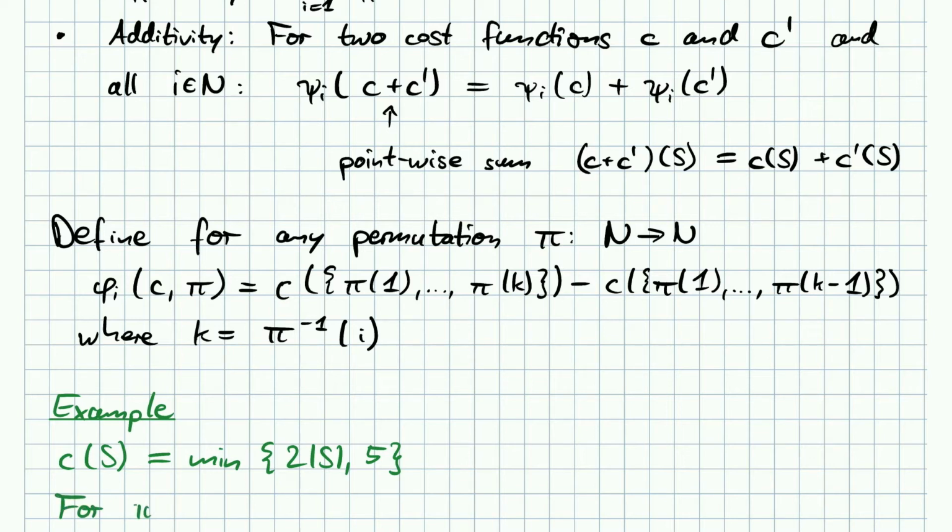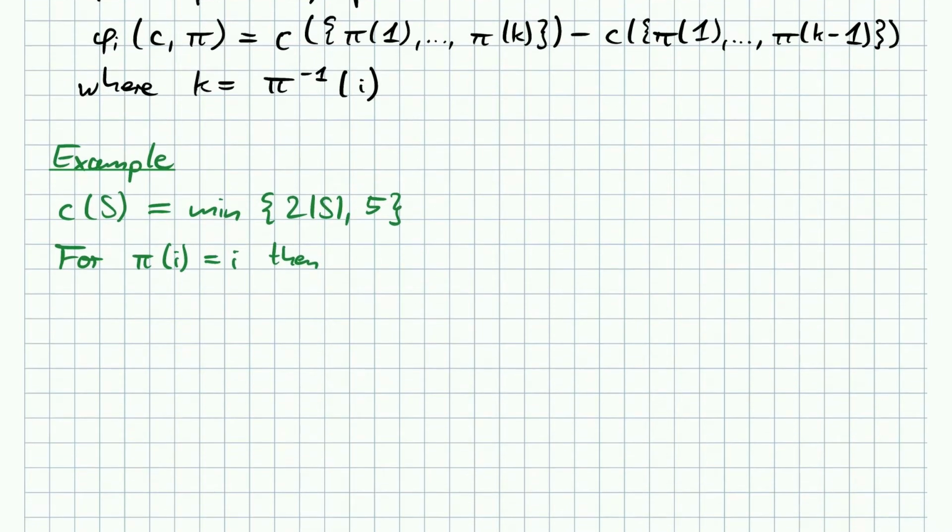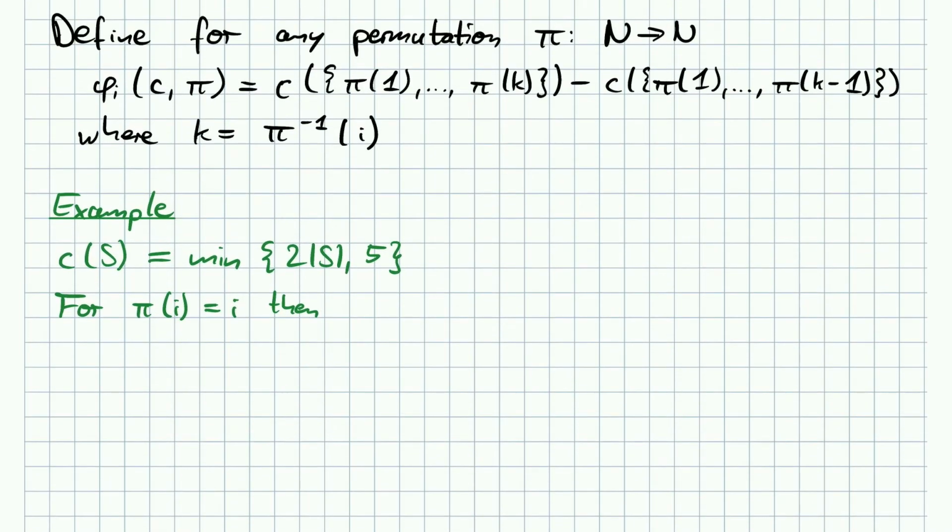Now if we have pi of i equal to i, then we have that phi of 1 of c, pi will be the same as phi of 2 of c, pi, namely 2.